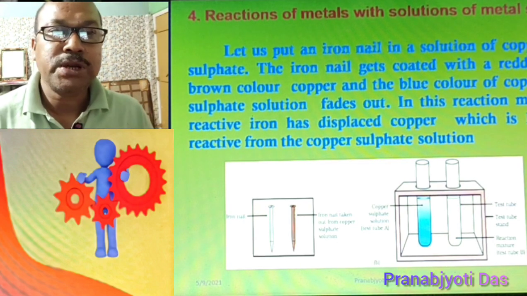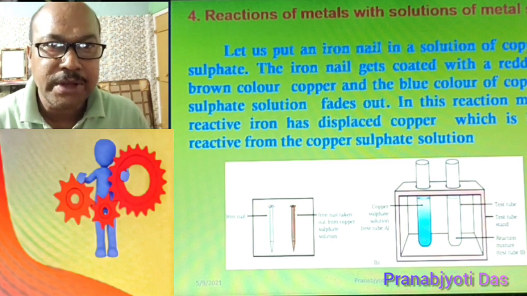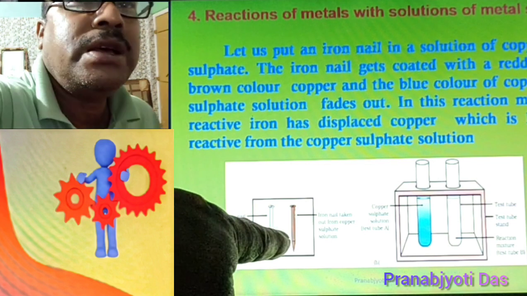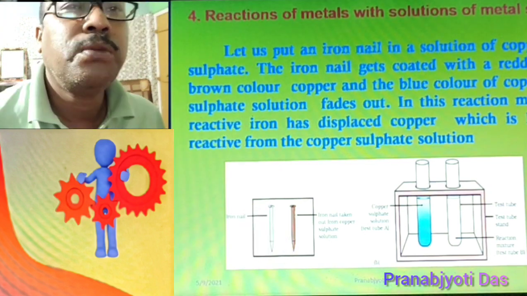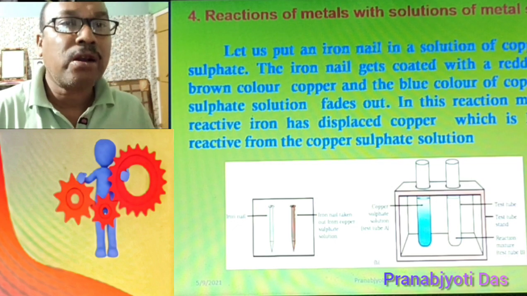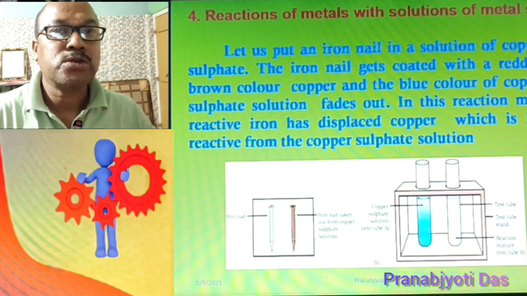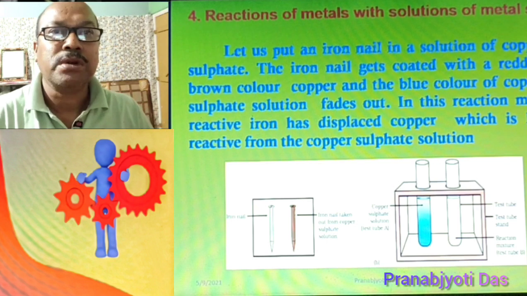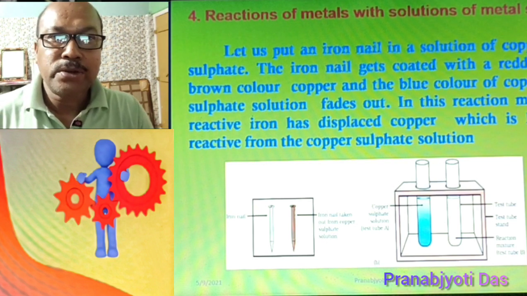After some time, if we remove the nail from the copper sulfate solution, the color of the nail will change, like this. What is that? Over the nail you will see a layer of copper. So the nail will turn a bit brown. And what will happen in the test tube?